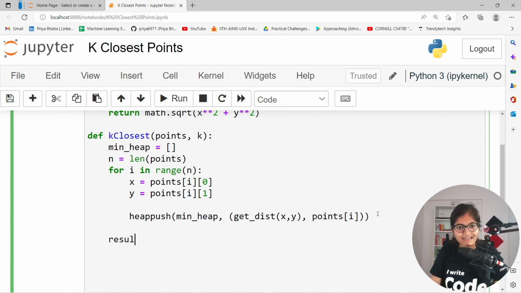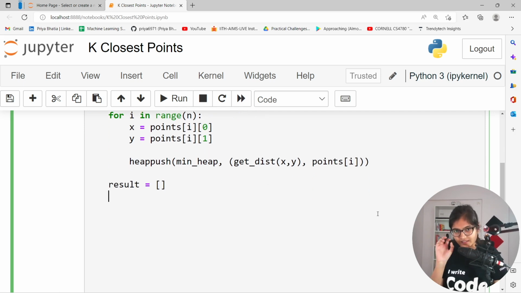Now we want to display the result. The result will be a list which will store the points having the minimum distance. Until how many times do we want to run a for loop? Until k times, right? We want k closest elements.